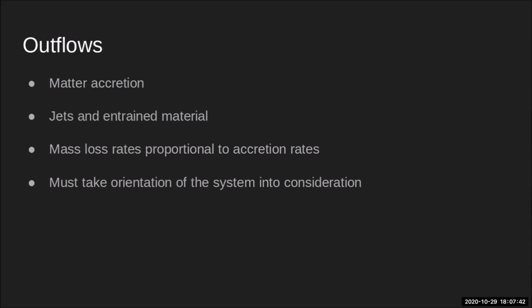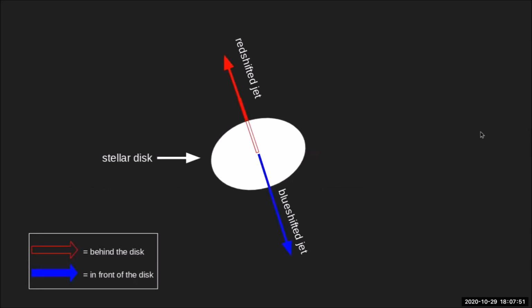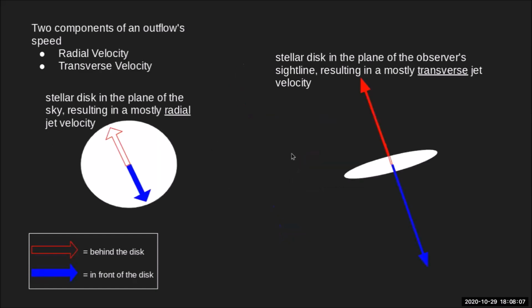And importantly, we have to take into consideration the orientation of the system. That means if these outflows are pointed in the plane of the sky or possibly directly towards or away from us. So here we have an example. This is a mock-up of what would happen if you had a red-shifted jet outflow pointing away and then a blue-shifted one pointing somewhat towards you, but neither are completely in the plane of the sky or pointing towards you.